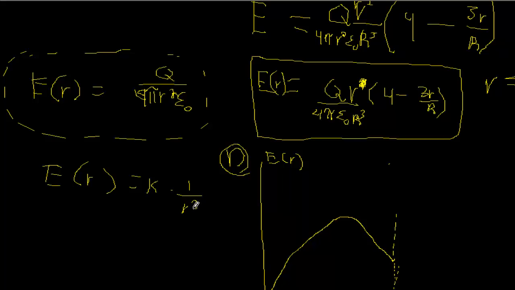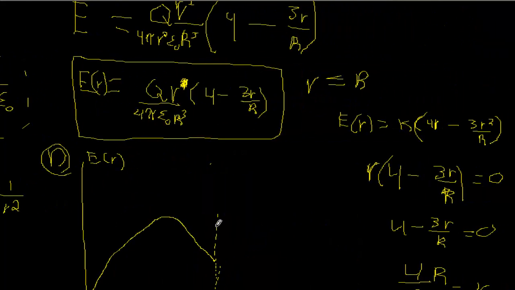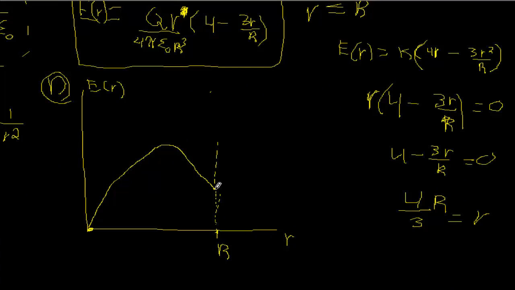And so what is the limit as r approaches infinity for this function? It's going to be 0. So at this exact point, it's going to start to fall off as it approaches infinity. And that makes sense. As you go farther away from the charge, the electric field is going to be much smaller.